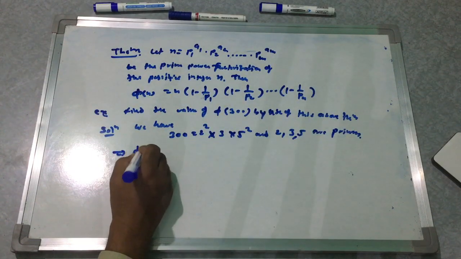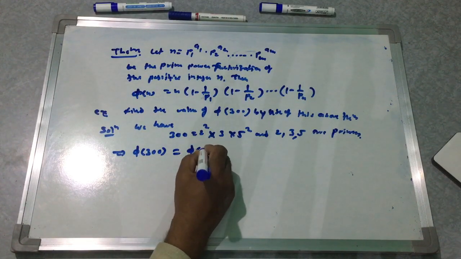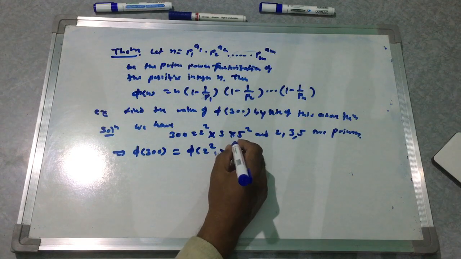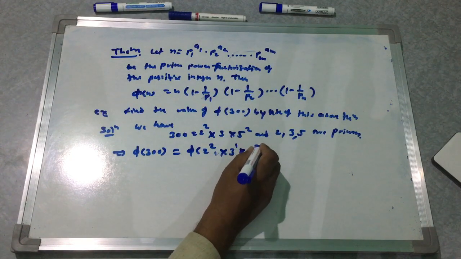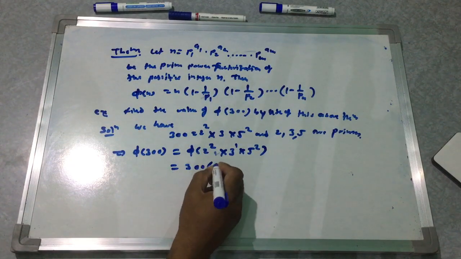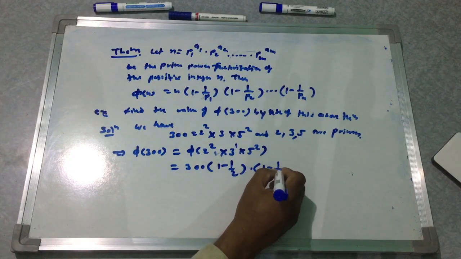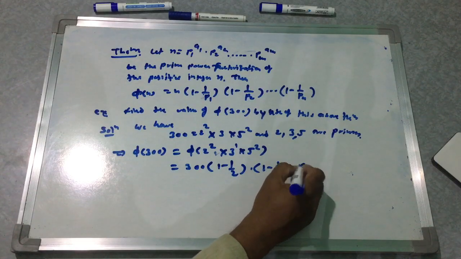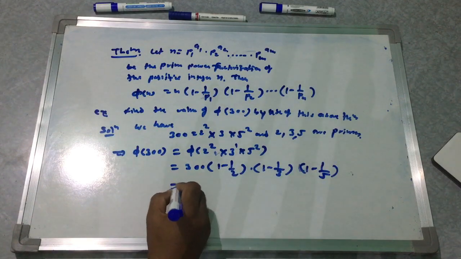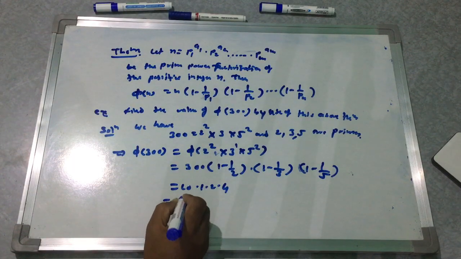So phi of 300 is equal to phi of 2 square into 3 to the power 1 into 5 square. This is equal to 300 into (1 minus 1 upon 2) into (1 minus 1 upon 3) into (1 minus 1 upon 5), that is 10 into 1 into 2 into 4, which is equal to 80.